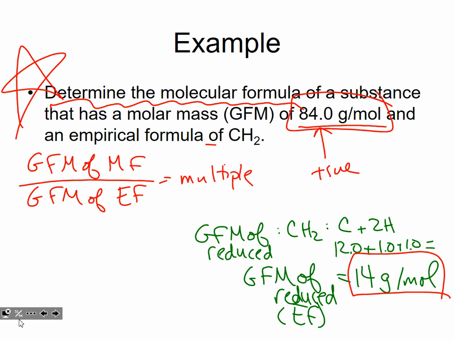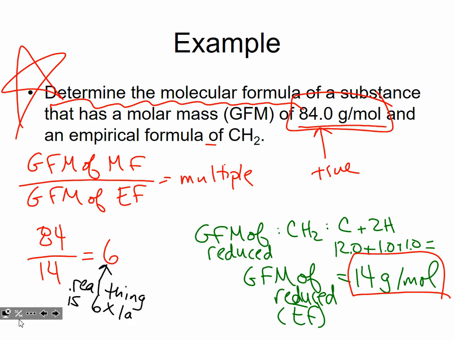So the gram formula mass of the real thing is 84. The gram formula mass of the reduced down thing is 14. When you divide 84 by 14, you get 6. This means that the real thing is 6 times larger than the reduced thing, the empirical formula. The molecular formula is 6 times bigger than the empirical formula.